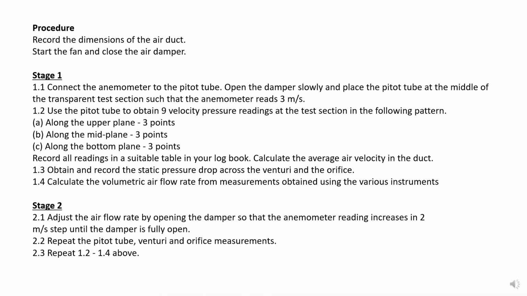At stage 2, you need to adjust the airflow rate by opening the damper so that the anemometer readings increase in 2 meters per second steps until the damper is fully open. Then repeat the pitot tube, venturi, and orifice measurements, and repeat steps 1.2 to 1.4 above.